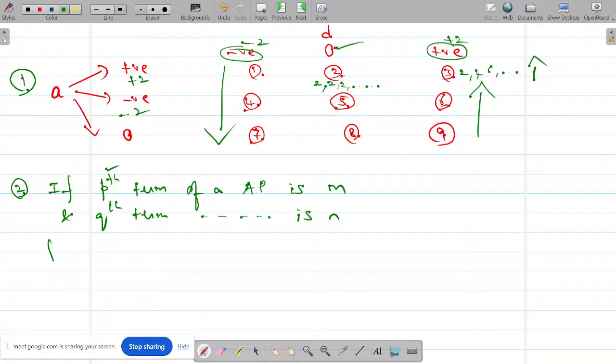You are asked to find Rth term. This is the real mathematics problem here. You are asked to find Rth term. Can you make a try? Definitely you'll not get numbers here. All the values in terms of P, Q, R, M, and N only. Okay, so first one, finish it off, and second one, you make it right.